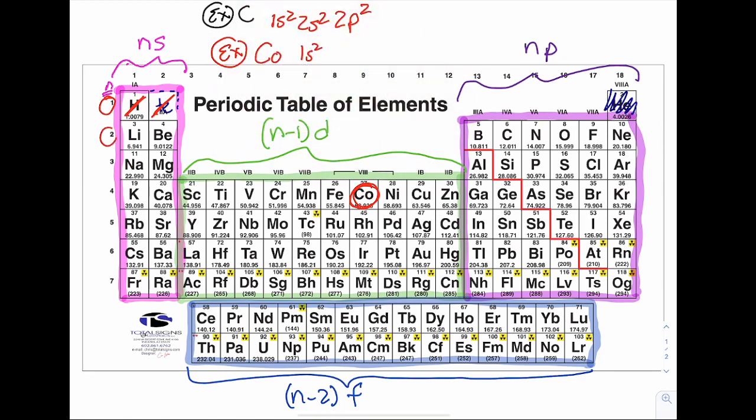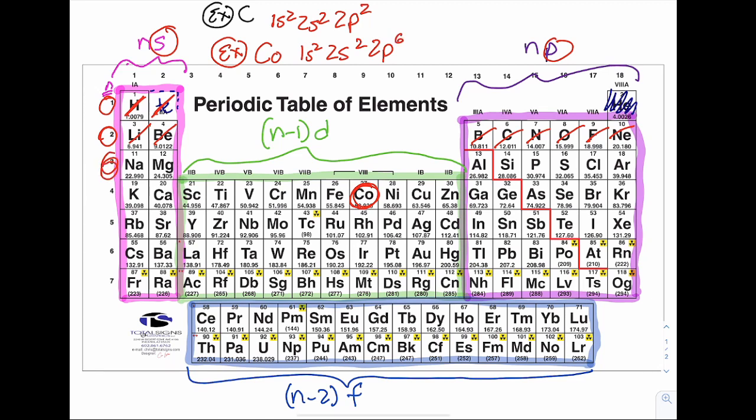Now I'm in my second period. I'm in my S. There's 2 squares, so 2s2. I'm still in period 2, but now I'm in my P's. There's 1, 2, 3, 4, 5, 6, so 2p6.